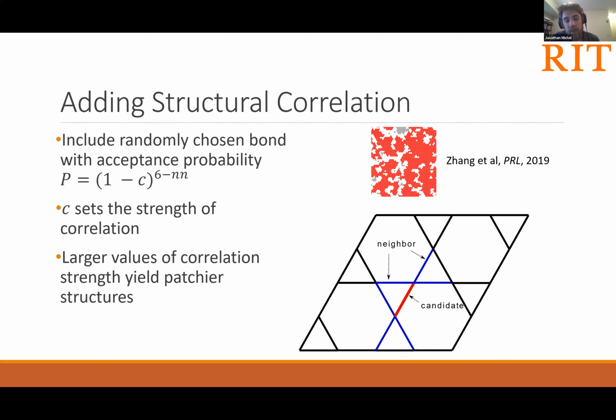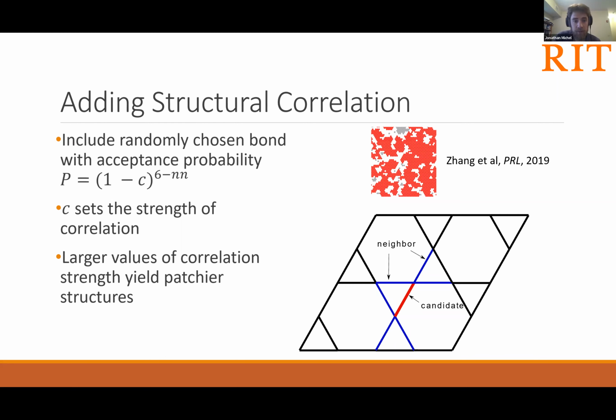So when we consider a bond as a candidate for inclusion in our diluted network, as shown in red in this lower image, we first look to its neighbors, and we consider two bonds to be neighbors if they share a vertex. So for the Kagome lattice in particular, this bond in the fully connected lattice has 6 nearest neighbors.